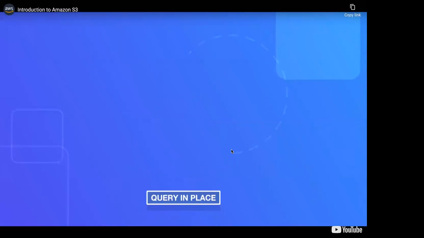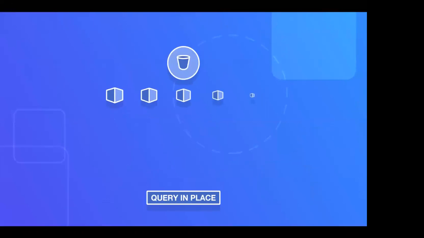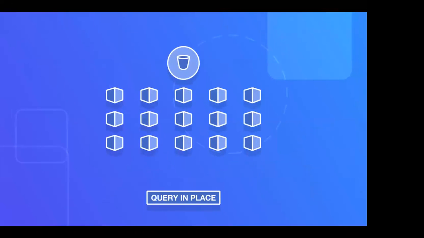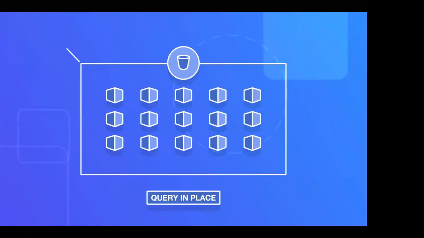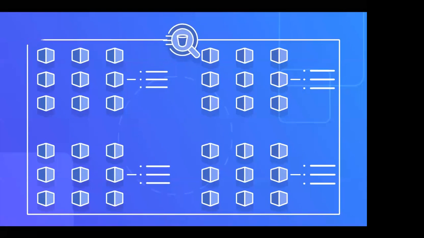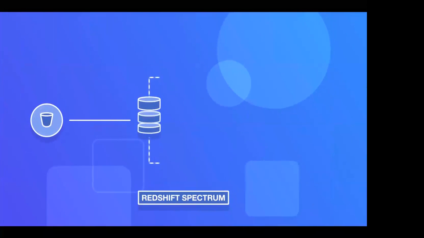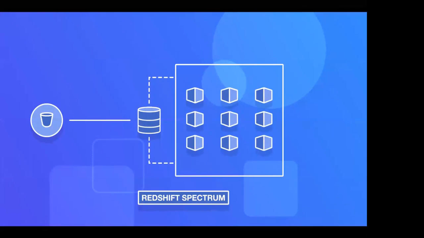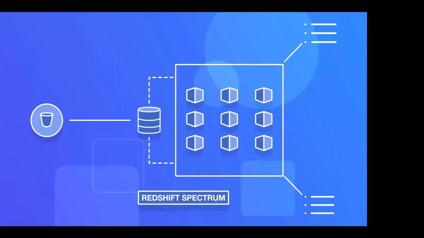Next, query in place. Amazon S3 lets you run sophisticated big data analytics on your data without requiring you to extract and move the data to a separate analytics platform. Anyone who knows SQL can use Amazon Athena to analyze vast amounts of unstructured data in Amazon S3 on demand. And with Amazon Redshift Spectrum, you can run analytics against exabytes of data in S3 and run queries that span both the data you have in S3 and in your Redshift data warehouses.